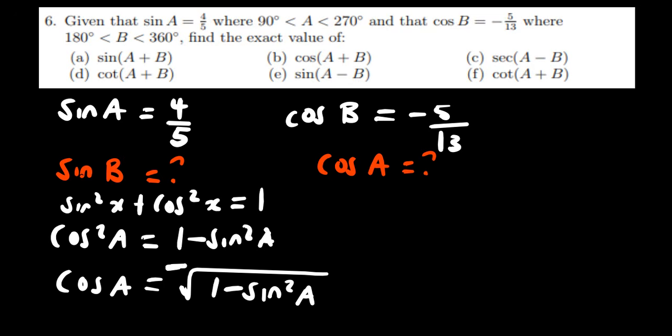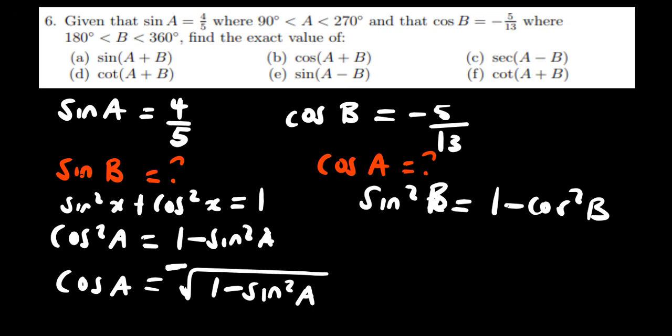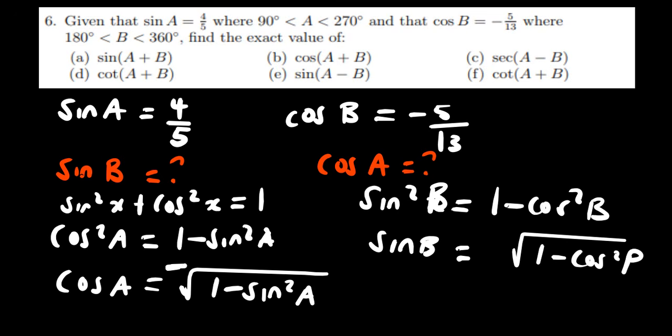Let's now find the sine. Our sine squared of x will just be equal to 1 minus cos squared of x. In this case, let's put b. Since we're finding sine b, I'm going to square root both sides, so this will be the square root of 1 minus cos squared b.